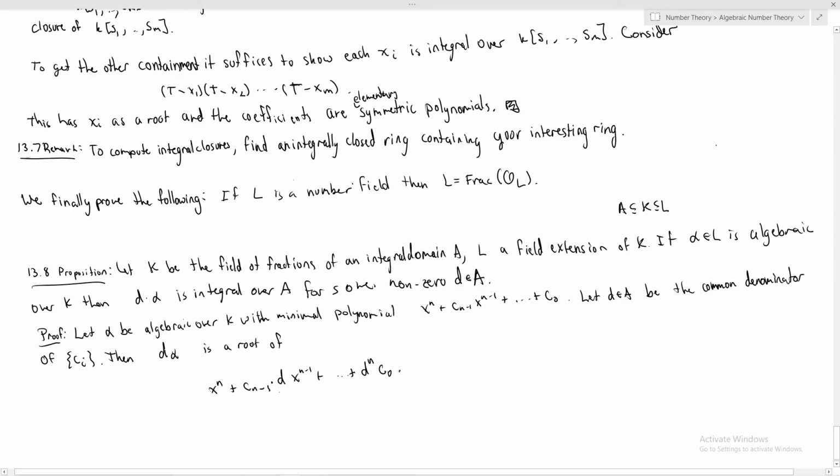So this pretty much finishes the proof of this proposition. This polynomial has coefficients in A, by the choice of d as the common denominator of these things.